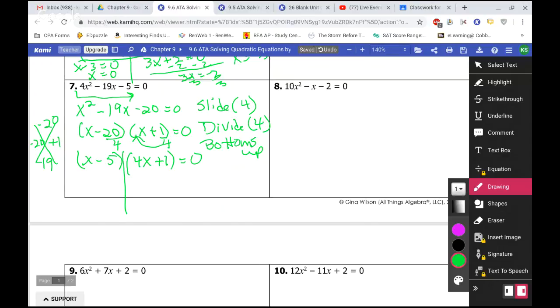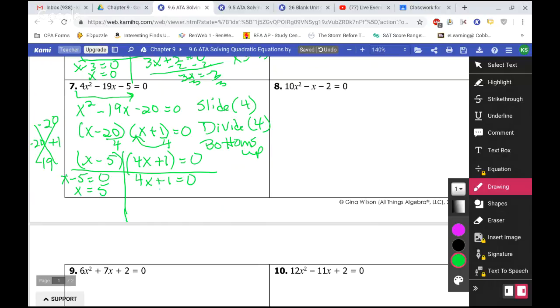So now I take each of my individual factors. Nothing different here. All we did was factor, just like we've been doing for the last 6 weeks. We're just factoring. But then we take each individual factor, set it equal to 0, and solve for x. So it gives me x equals 5.